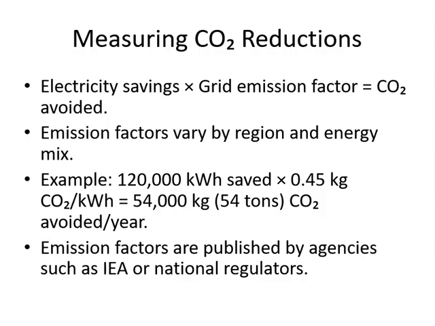Example: 120,000 kilowatt hours saved, multiplied by 0.45 kilograms of CO2 per kilowatt hour, gives 54,000 kilograms or 54 metric tons avoided annually. So these numbers are very important to be declared from a trusted organization in order for corporates to declare their carbon mitigation measures.